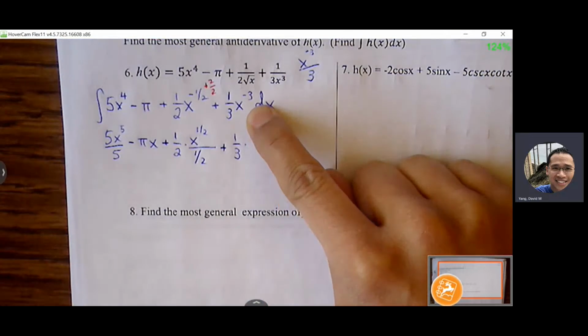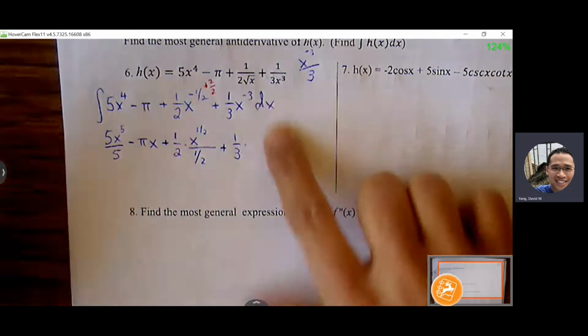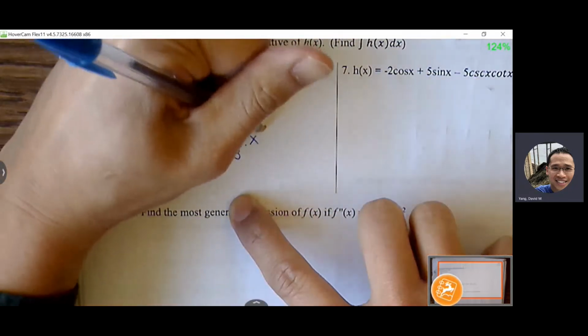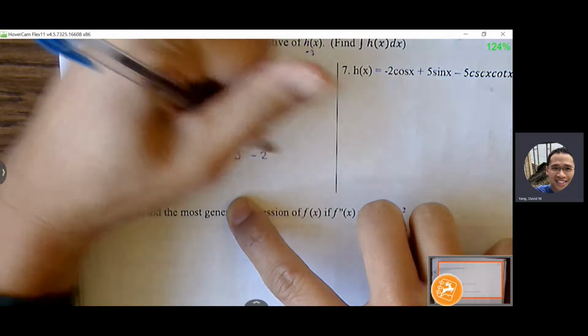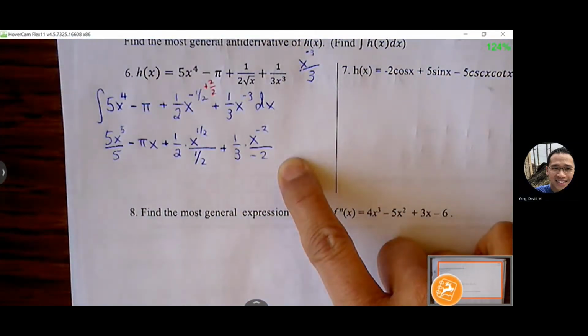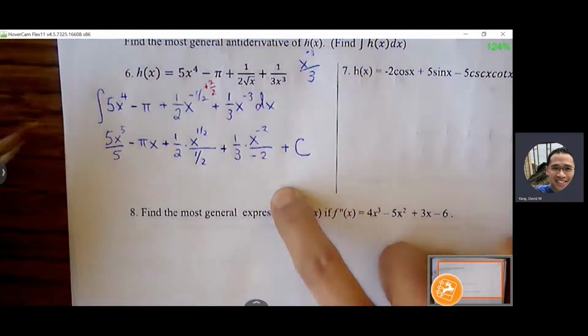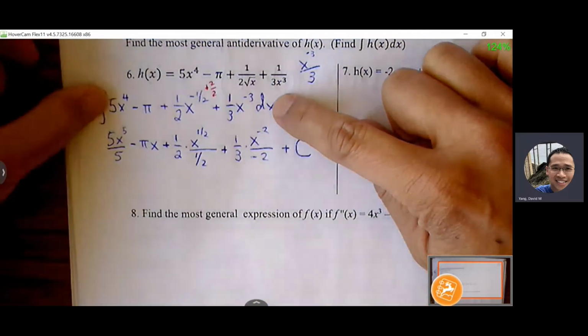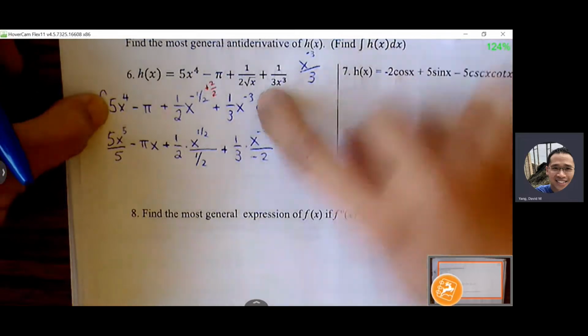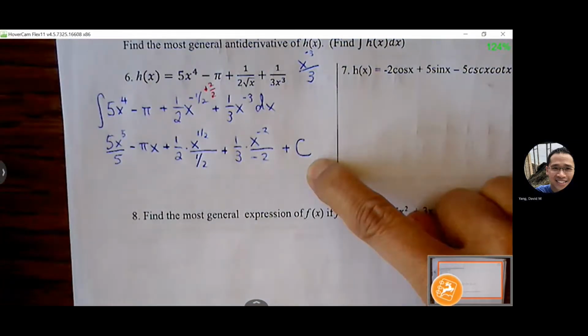Okay. X to the negative 3 becomes x to the negative 2 over negative 2. And then don't forget plus c. Okay. As soon as you apply power rule, your integral and your dx notation drops out. In place of it, plus c.